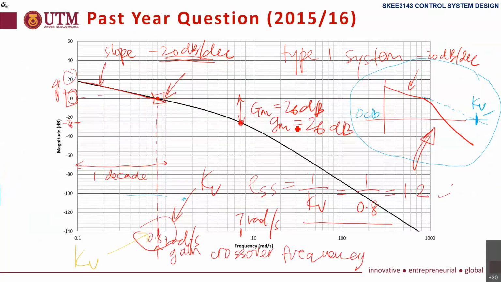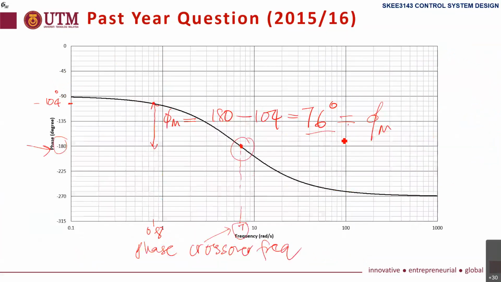Okay, from our initial study, when we discussed the original system, the phase margin is 76 degrees, right?